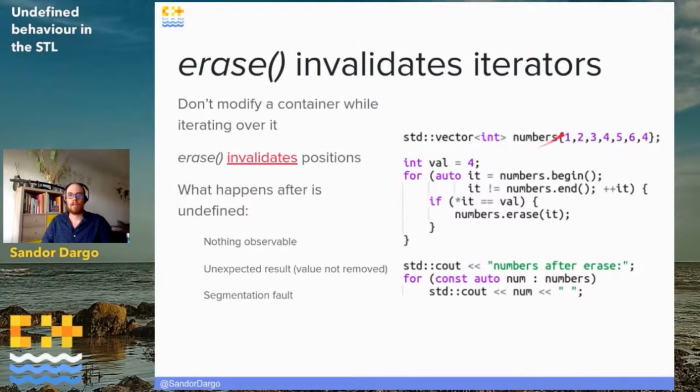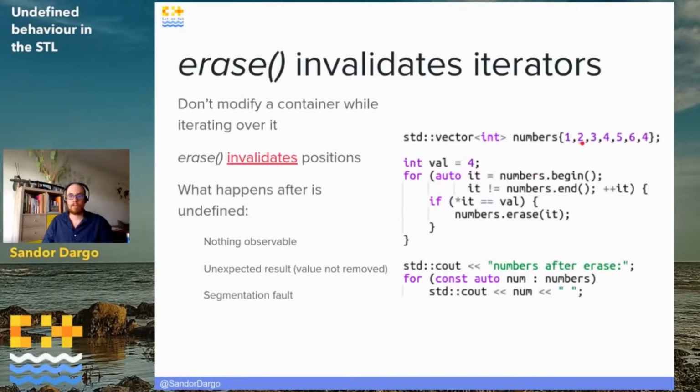In this example, we have some hard-coded values, but obviously in real life, most probably this will be something dynamic, and you would just not notice if something is not removed, whereas it should be removed. But it might be that you notice it and you see unexpected results, for example, some values are not removed.